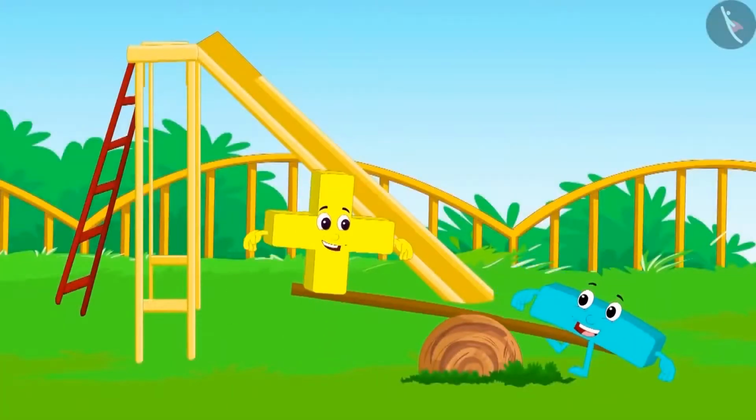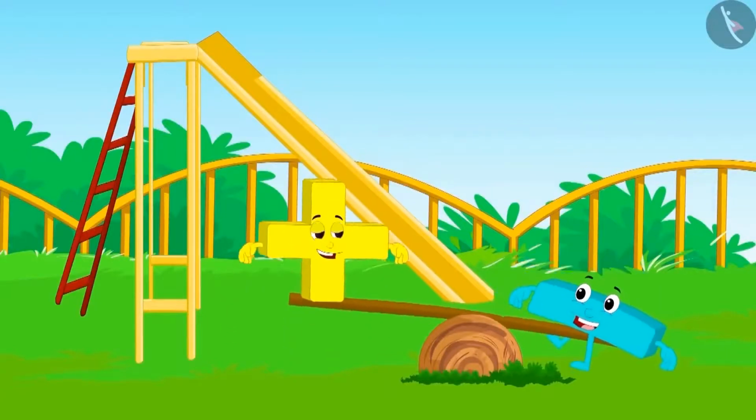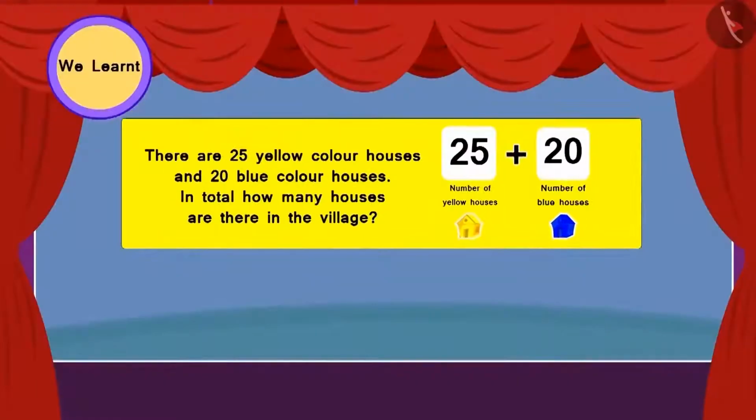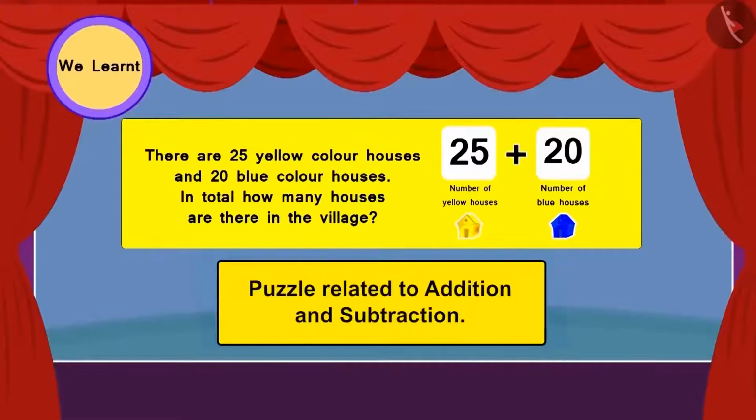Addition and subtraction had a lot of fun in the park. Children, in this lesson, we saw some puzzles related to addition and subtraction. We will see some more interesting examples of this in the next two lessons.